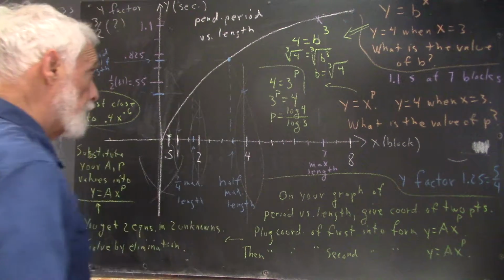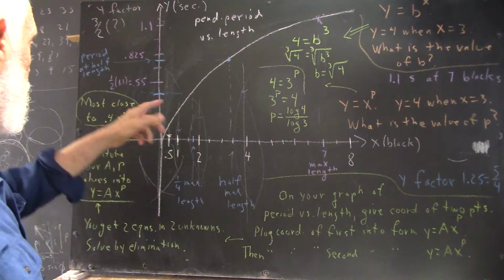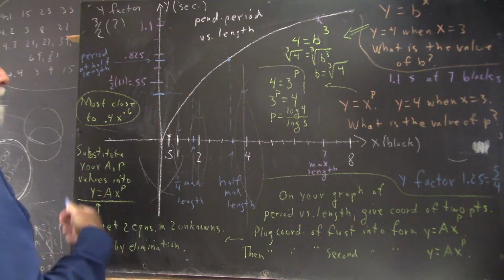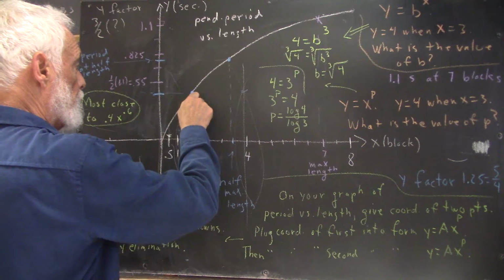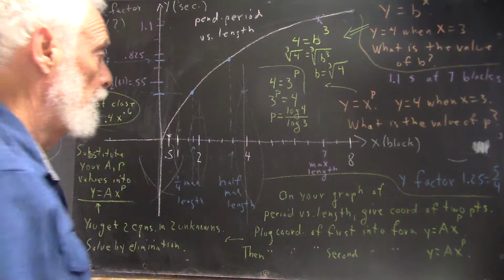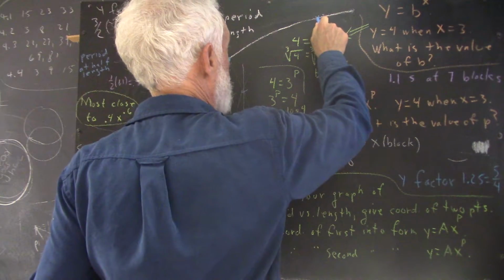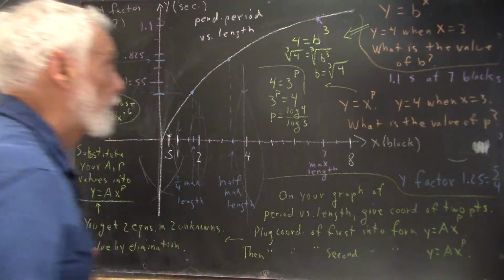It gave us a point here. And then at half that, we had a period around 0.5 seconds or a little less. And that gave us a point here to go with the point we had for maximum length, which was here.